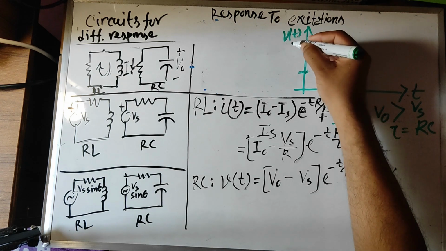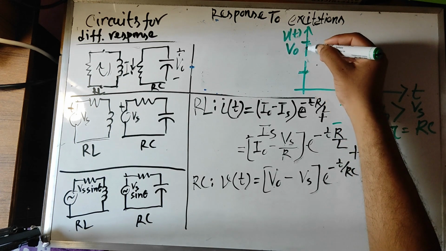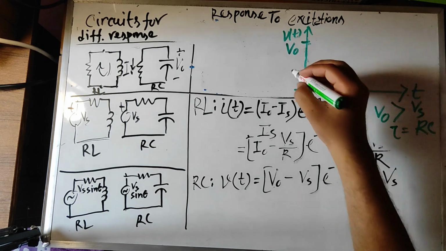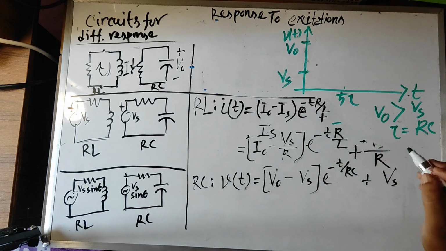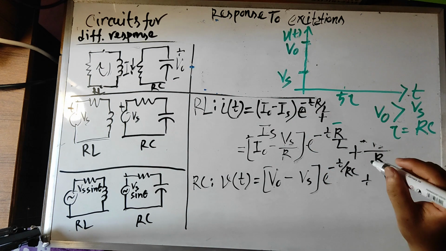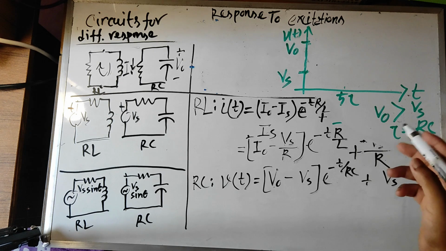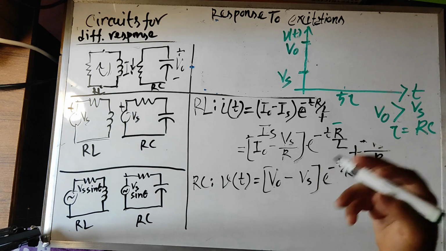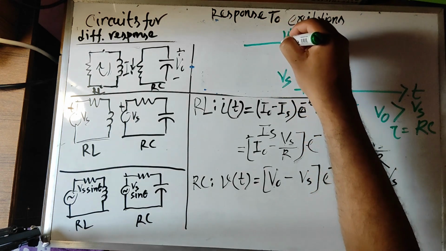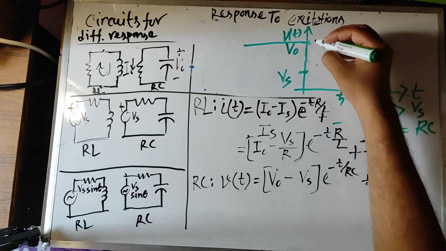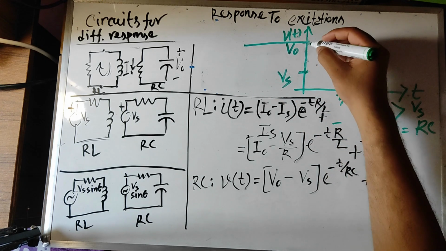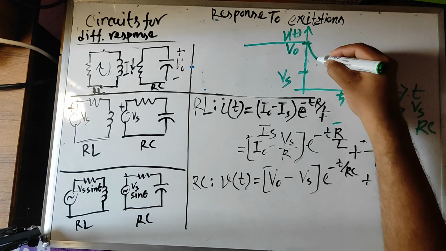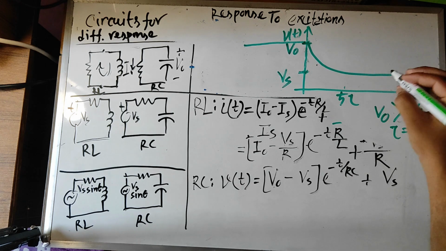Say that the initial voltage across the capacitor is higher than the impressed voltage, and this is the impressed voltage. Before t equals 0, when we had not applied the input, there was an initial voltage across the capacitor, which was a DC value, and after t equals 0 the new voltage would be Vs.